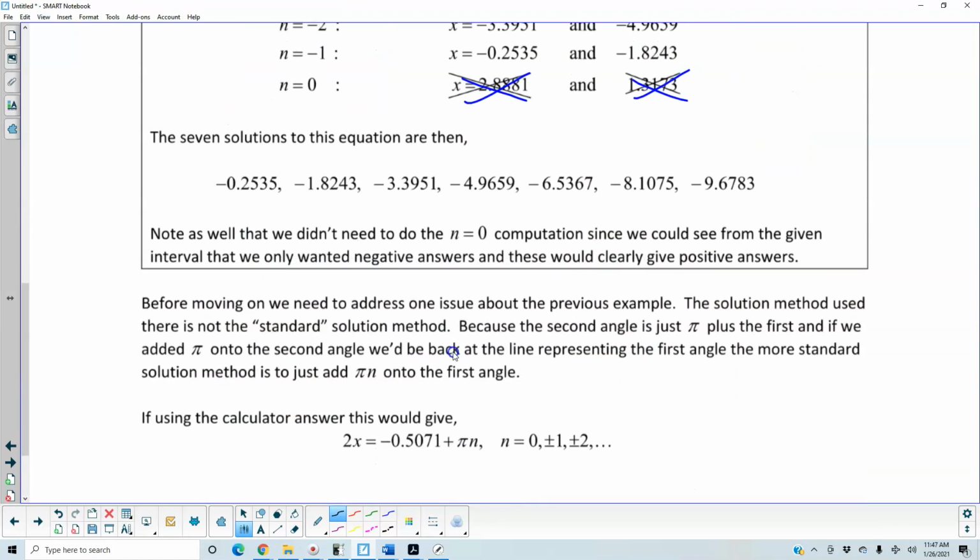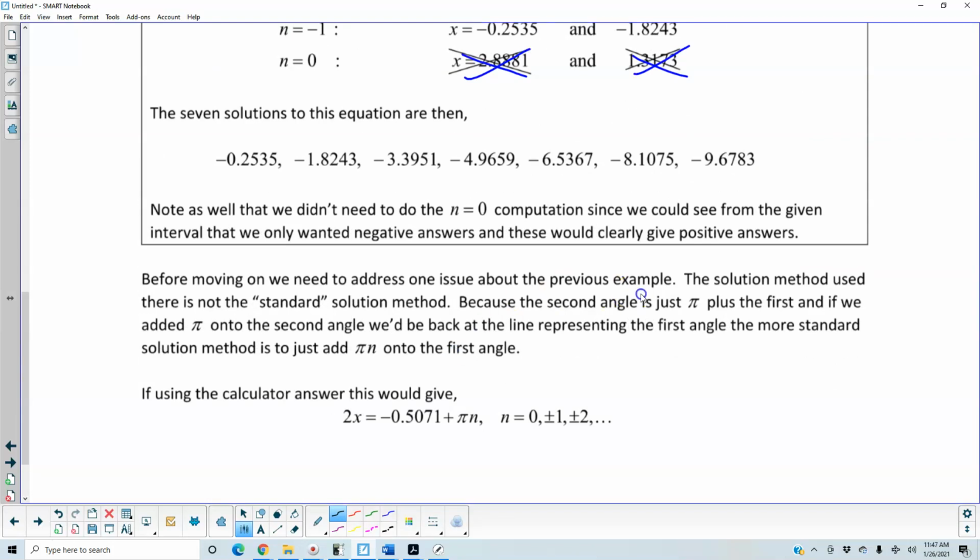Now before moving on, we need to address one issue about the previous problem. The solution method used there is not the standard solution method, because the second angle is just pi plus the first, and if we added pi onto the second angle, we'd be back at the line representing the first angle. The more standard solution method is to just add pi times n onto the first angle.